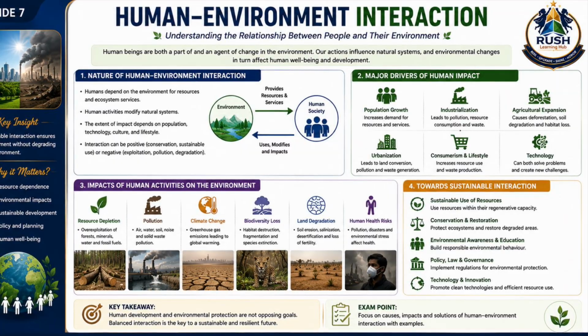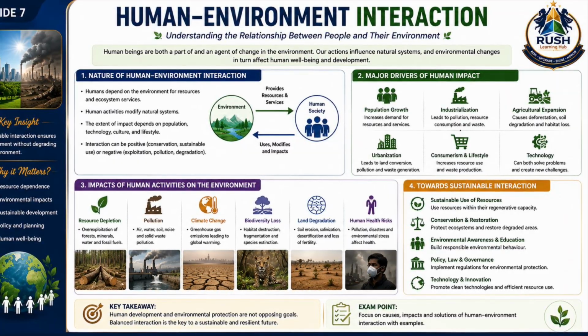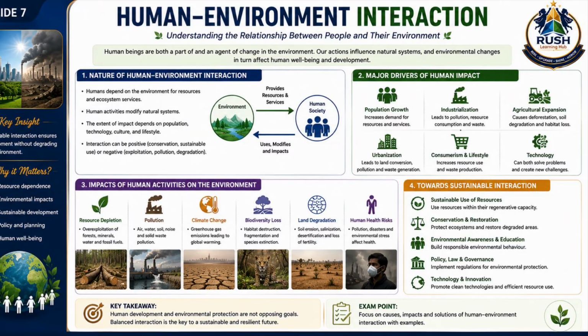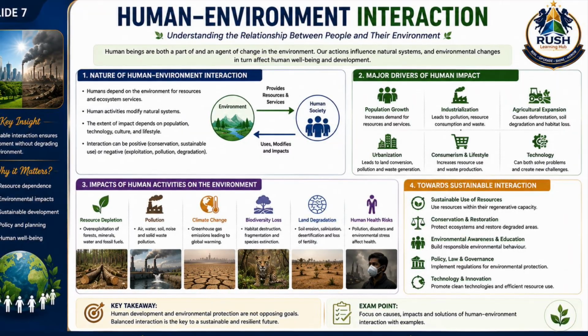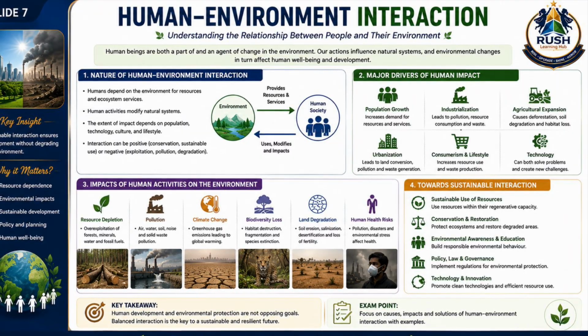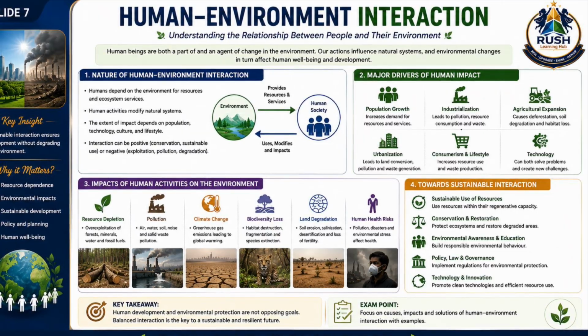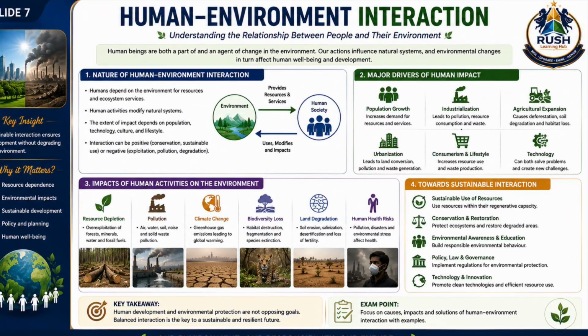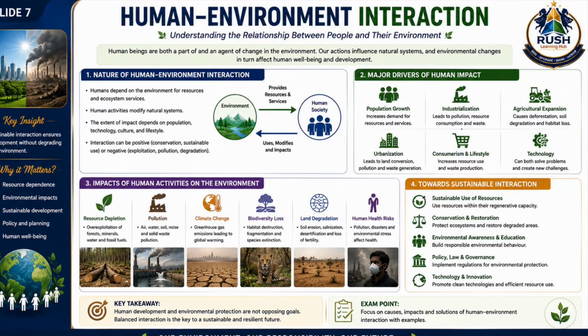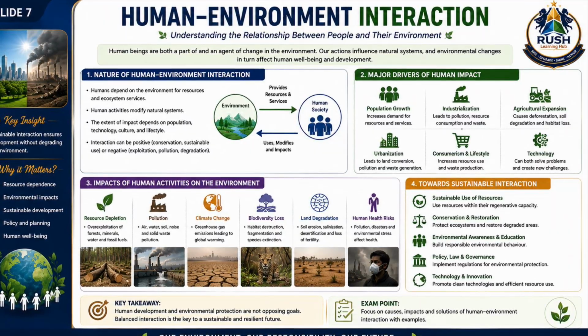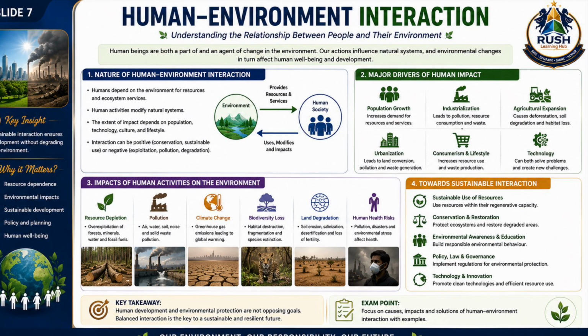Human societies utilize these resources for economic growth and development. However, the extent of environmental impact depends on factors such as population size, consumption patterns, technology, and resource use efficiency. Human-environment interaction can be positive or negative.